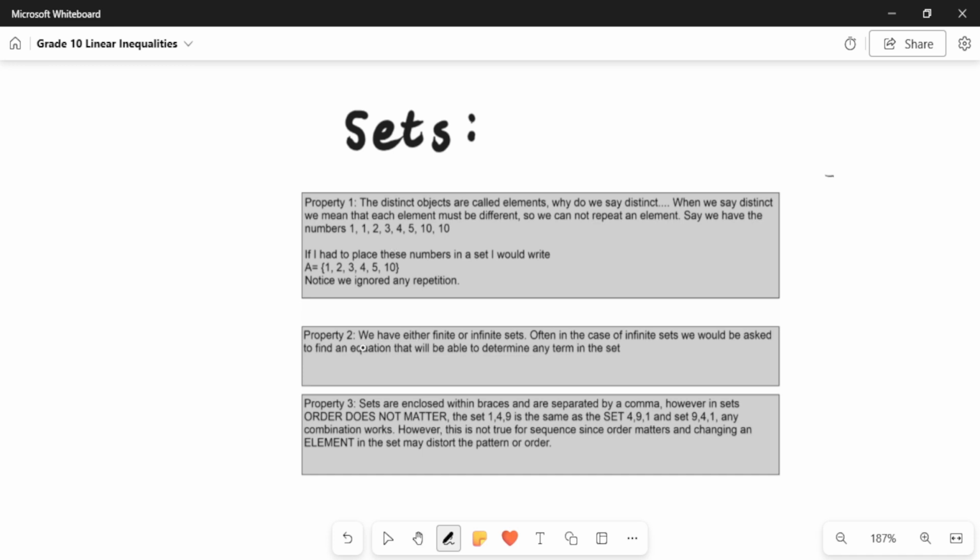Right? Property number 2, we have either finite or infinite sets. Often in the case of infinite sets, we'll be asked to find an equation that will be able to generate any term in the set. So what are some of the examples of infinite sets? Natural numbers, whole numbers, integers. All of the numbers in the number systems are examples of infinite sets. When we go into number systems, that's the reason why I said you will find an equation to generate any term in that set, because it's infinite.